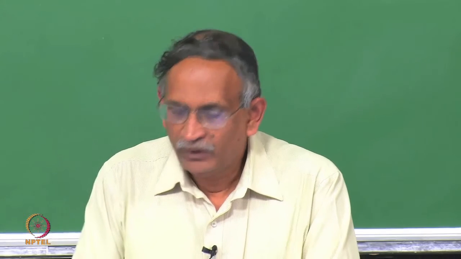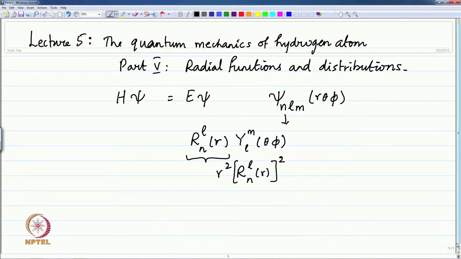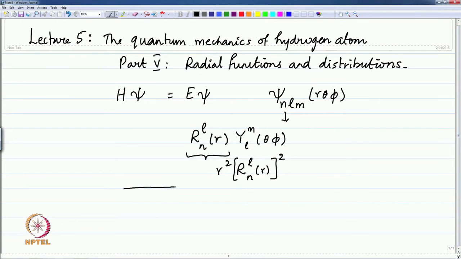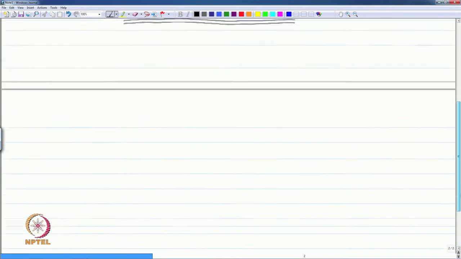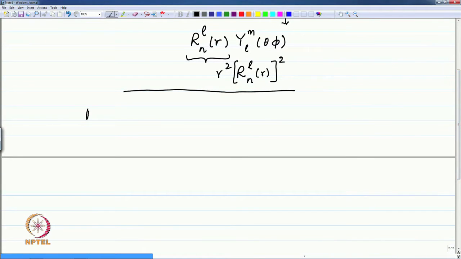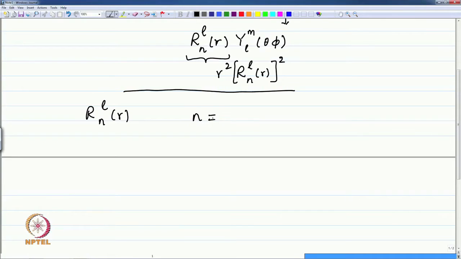Now we have not talked about the solutions of these earlier, other than briefly mentioning that the radial functions have the range for the quantum numbers as n equal to 1, 2, 3 all the way up to infinity, and l is equal to 0, 1, 2 up to n minus 1 for any n.